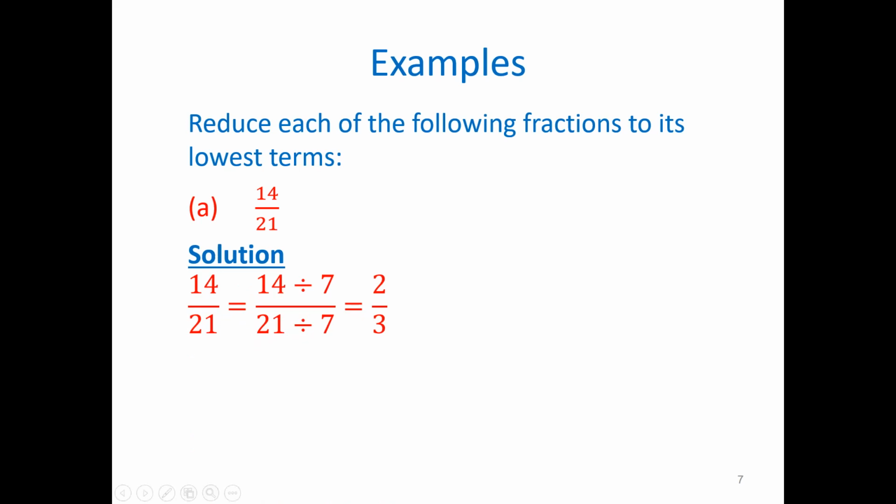So if you divide 14 by 7 and you divide 21 by 7, you will get 2 over 3. So 14 over 21 is equivalent to 2 over 3, which is the fraction with the lowest terms.